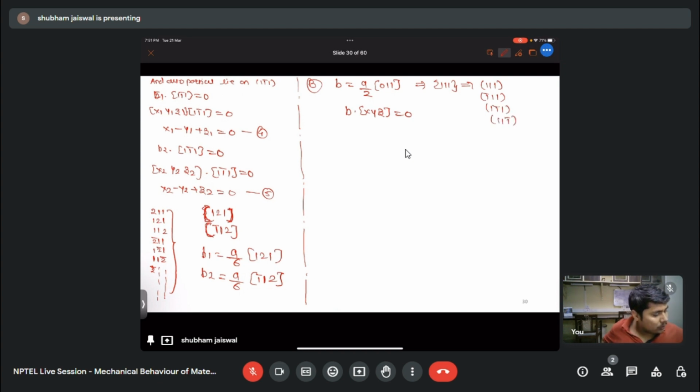Put the values of the 4 planes in place of xyz and try to calculate.